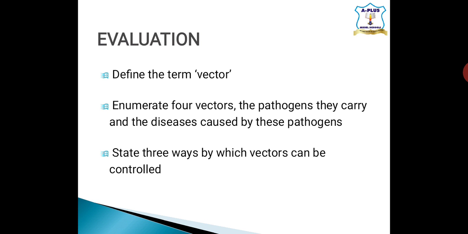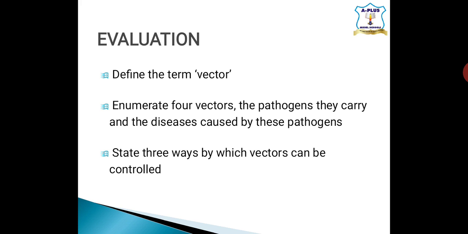Now, let's see if you really understand what we've been saying so far. Define the term vector, the living and the non-living one. You should be able to do that. Enumerate four vectors, the pathogens they carry, and the disease caused by each pathogen.